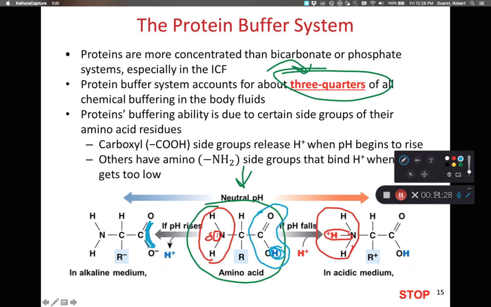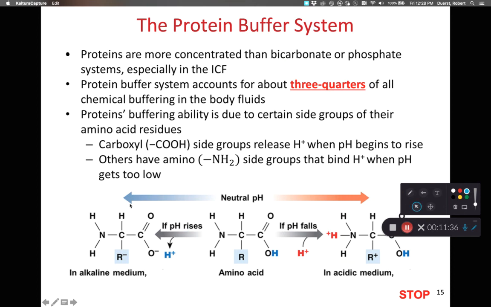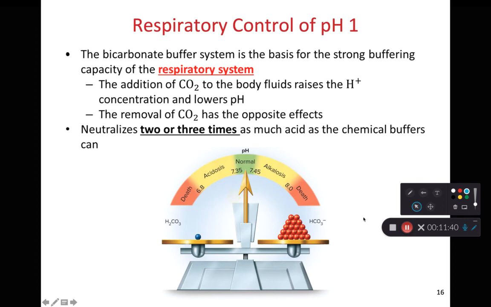So as we look at proteins, proteins are phenomenal buffers, and they can buffer wherever they are in our bodies. And because they're everywhere in high concentrations, they play a significant role in buffering our bodies.